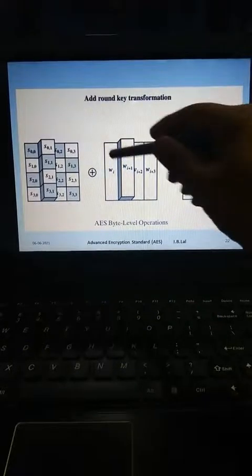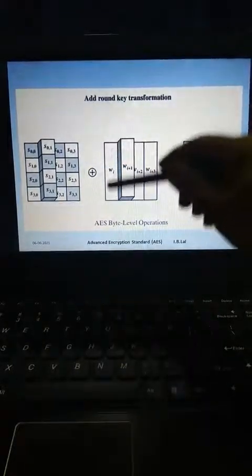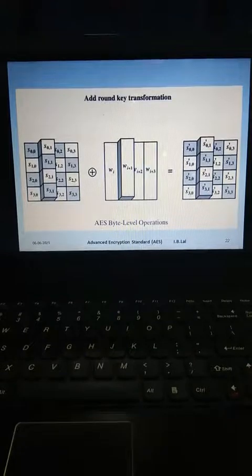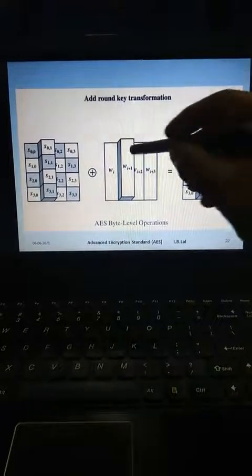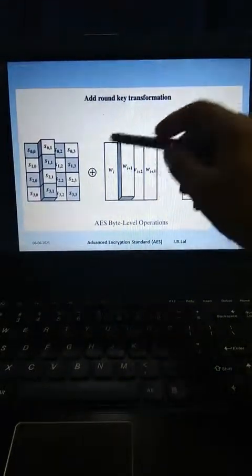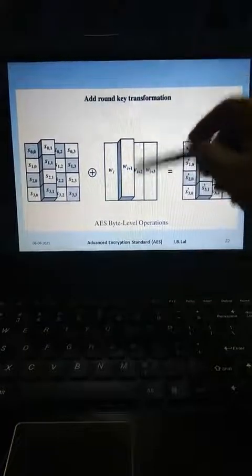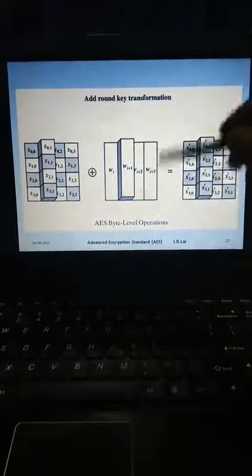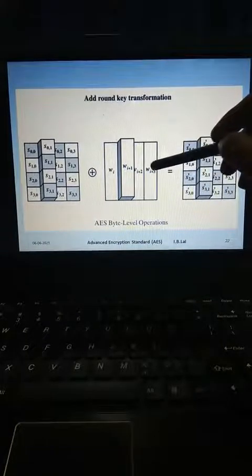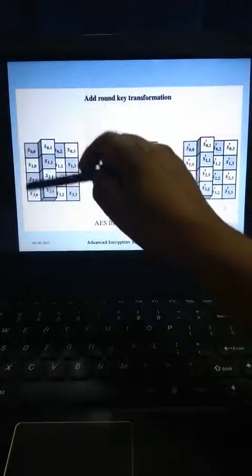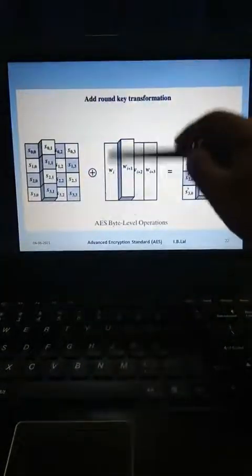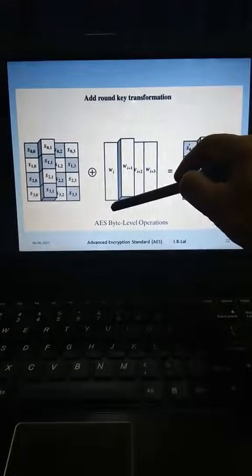Okay, so here are 44 keys, not 4. The key is represented also as a 4 into 4 matrix. This is one word of the key, this is the second word of the key, this is the third word of the key, this is the fourth word of the key. Okay, so this column would be XORed with this first word, right?